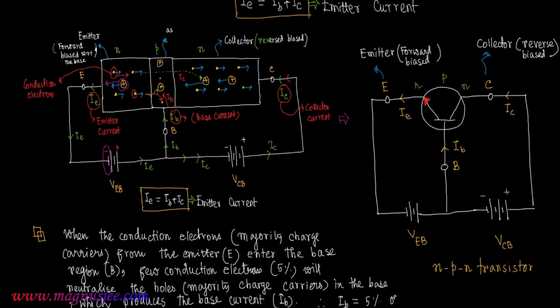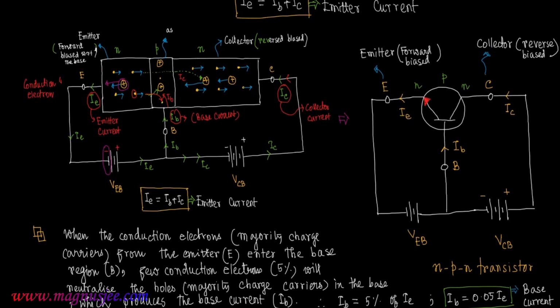Therefore, IB is equal to 5% of the emitter current IE. That means IB is equal to 0.05 times IE. The base current is 0.05 times IE. This is the base current.